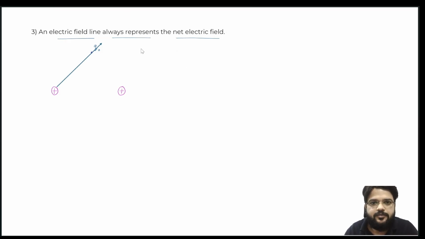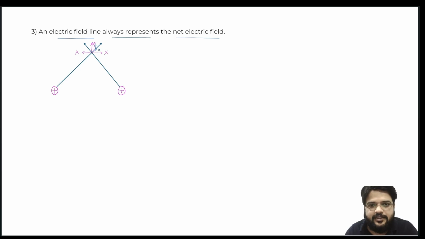And now due to this positive charge, electric force on this test charge is in this direction. So this is the direction of the electrostatic force. Now if I resolve this electrostatic force in this direction and this direction, the same thing we will do for this electric force also. We will resolve here and here. So this and this will get cancelled out.